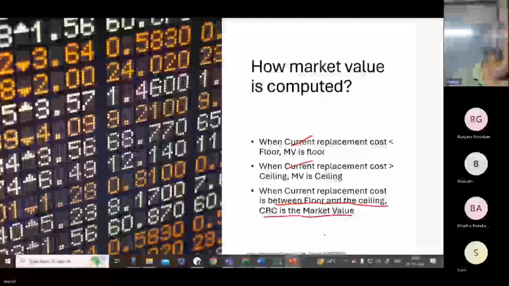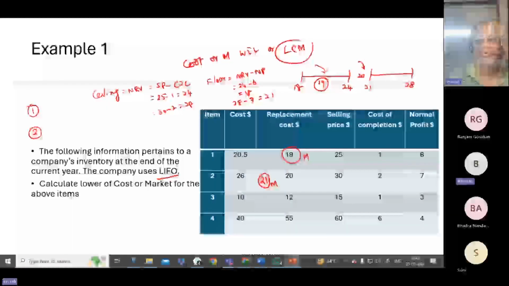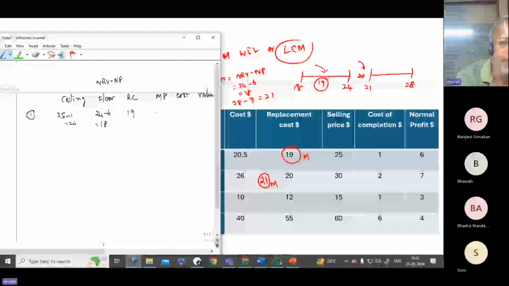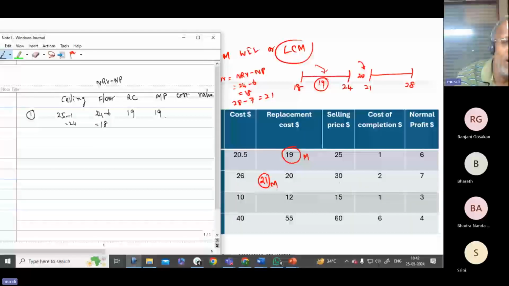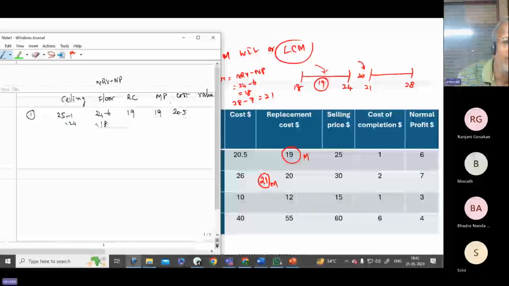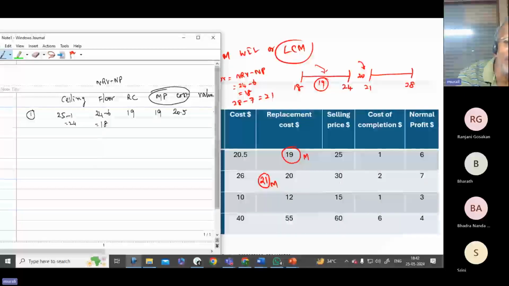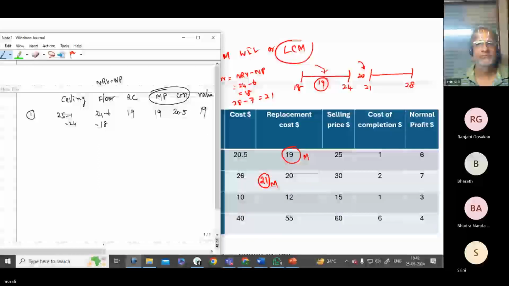So 19 is the CRC, 19 is the market price. Your cost is 20.5. Between the two, whichever is lower is 19. Correct? Ranjani, are you following? Understood. Yes, sir. Right. Super.